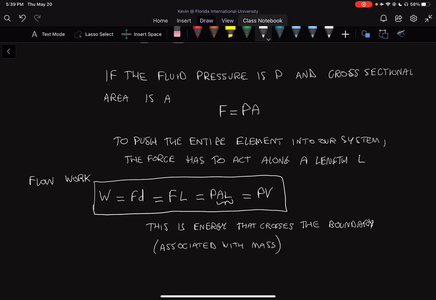So before we only had heat and work boundary. Now we have heat, work boundary, and flow work associated with how much mass is going across the boundary.